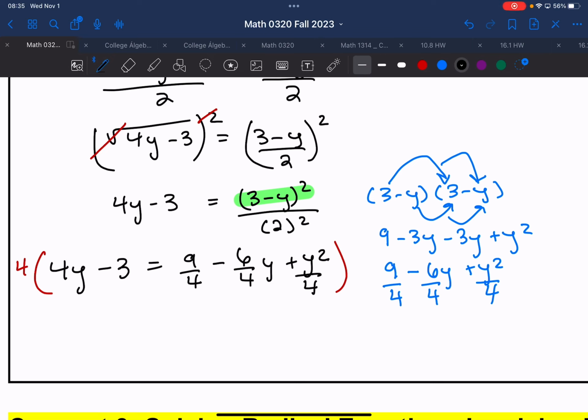So I have 4 times 4y, which is 16y. 4 times negative 3, negative 12. And then the only thing that's happening on the other side is that all those 4's are now gone. So 9 minus 6y plus y squared.